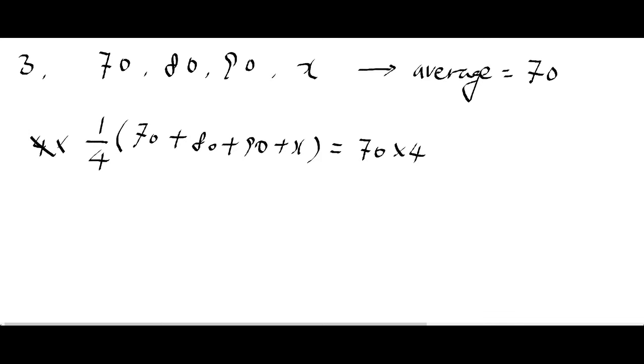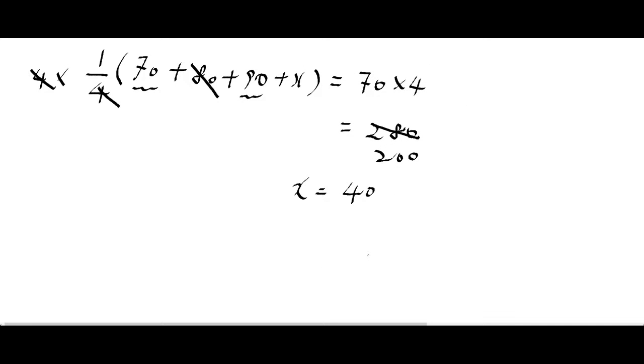So this is cancelled out. This one is 280, right? And then you just subtract. I want to first subtract 80, so it becomes 200, right? 200 minus 70 and 90, which is 160. So x is what? 40. Yeah? You like it? I don't like it.